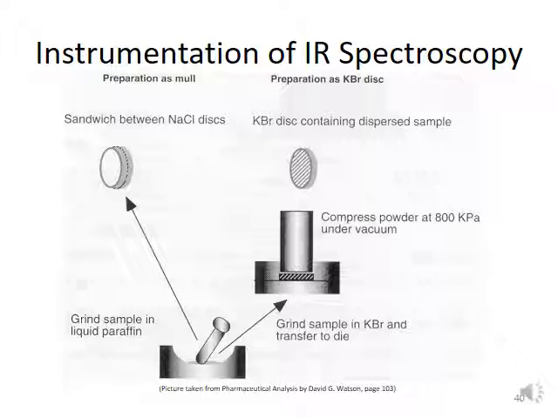For the preparation of the potassium bromide disc, after you grind and mix with the potassium bromide, you compress the powder at 800 kilopascal. After that you will get the disc, which can be directly scanned using infrared spectroscopy.